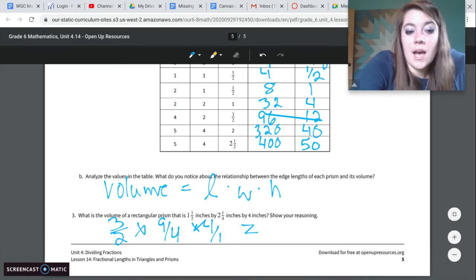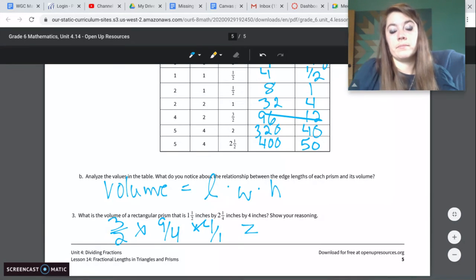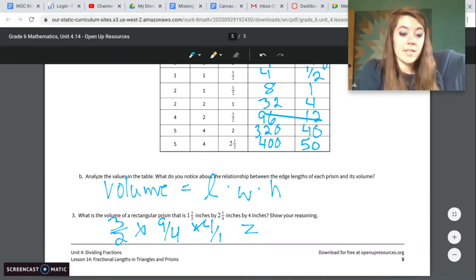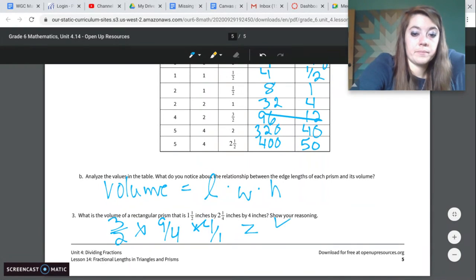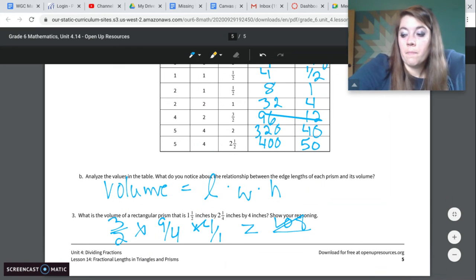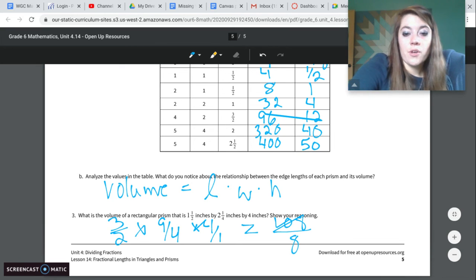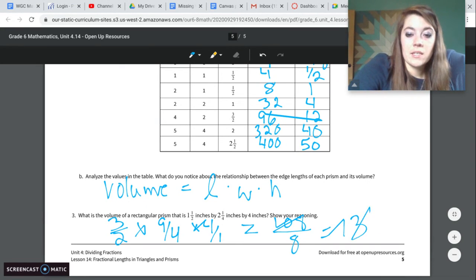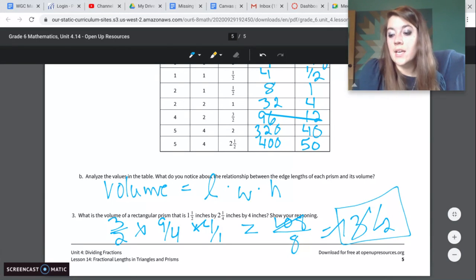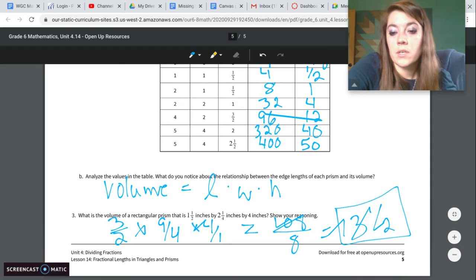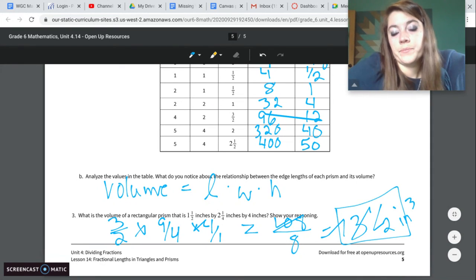Now, 3 times 9 is 27, and 27 times 4 is 108. Don't mind the random lines. And then 2 times 4 is 8, times 1 is 8. So we have 108 over 8. So that gives us 13 1/2. So our volume is 13.5 inches cubed. So there's our solution.